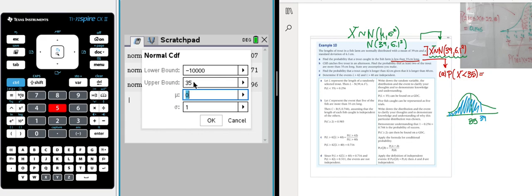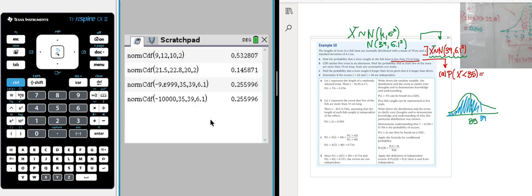So it's not really making any sense for us to distinguish up to 34.9999999 or even include 35, because don't forget, it's an estimation of what we actually do, right? And then the mean is going to be 39, and the standard deviation is going to be 6.1, and then we press OK, and then we have the answer here.